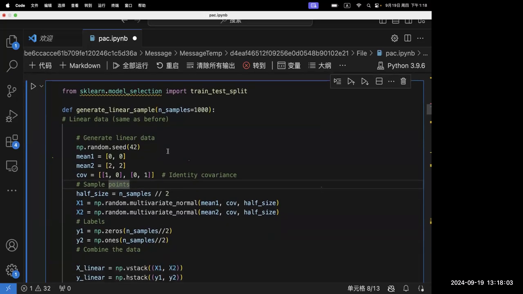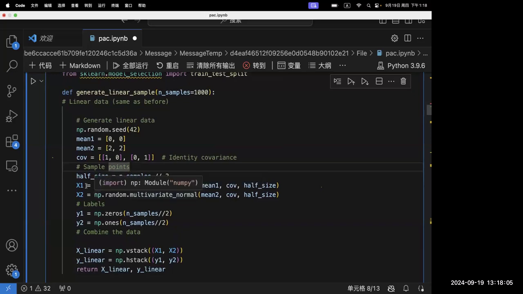Okay, so we have two Gaussian distributions associated with two groups of observations. We know that the first group of observations is sampled from this first Gaussian distribution, whose mean value is zero, a zero mean, and identity covariance.